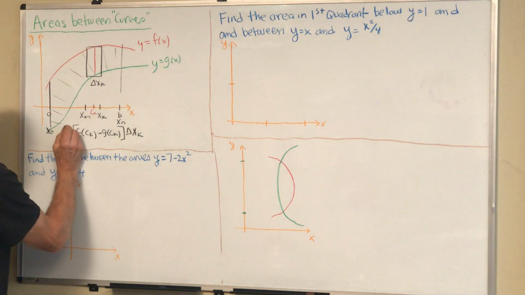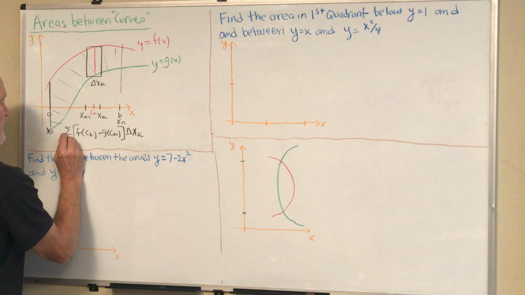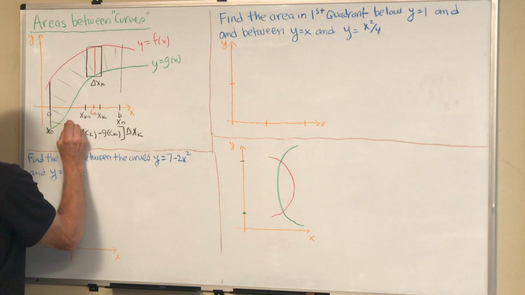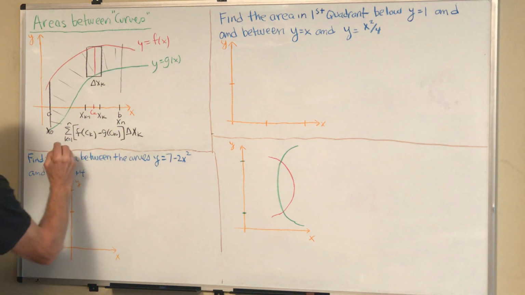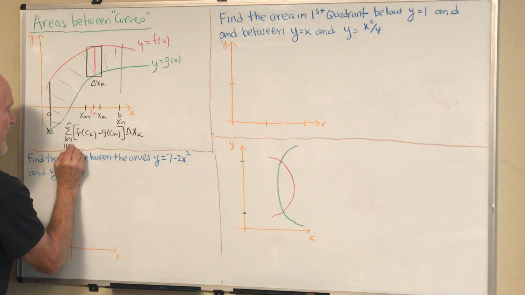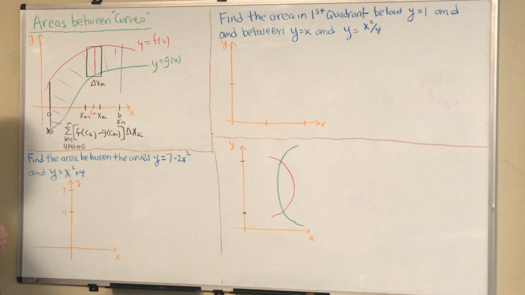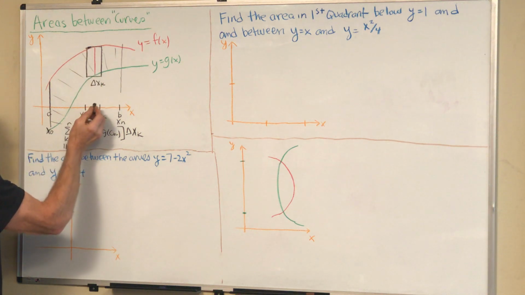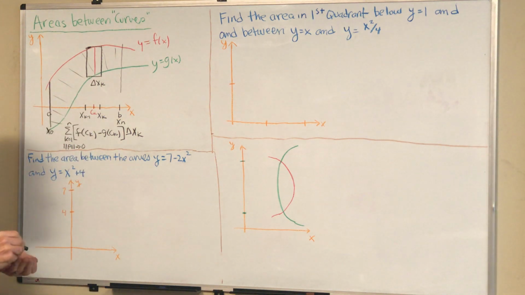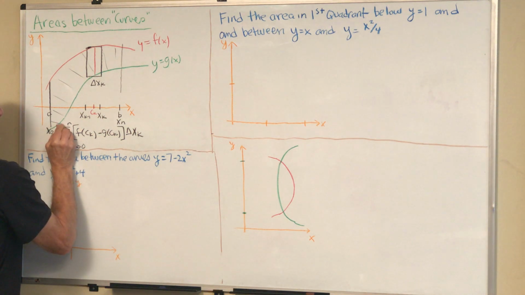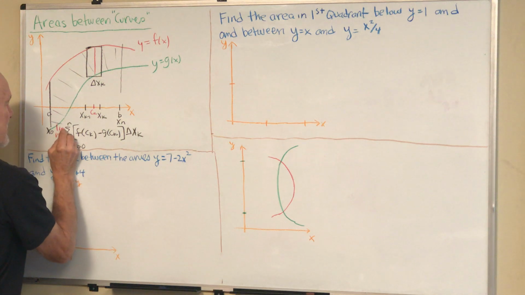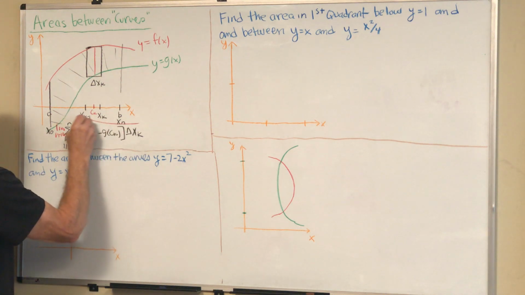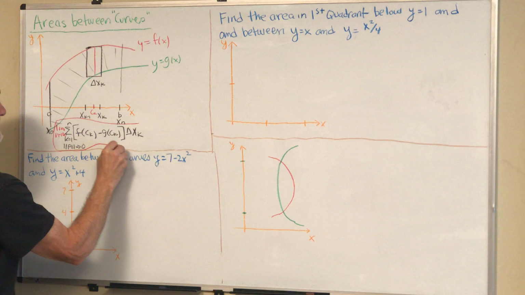So what do we do? We add them up from k equals 1 to n, or as the largest partition size approaches 0. But we still have some error. Look, we have extra up here, and we're missing some down here. So the last thing we do is take the limit as n approaches infinity, and that should find the exact area.